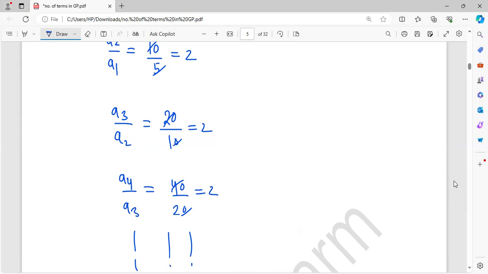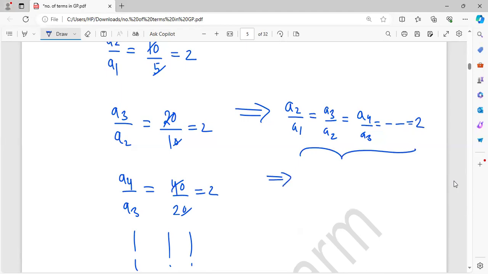So you see that A2 upon A1, A3 upon A2, A4 upon A3, and so on, is nothing but 2. This implies this is a GP.